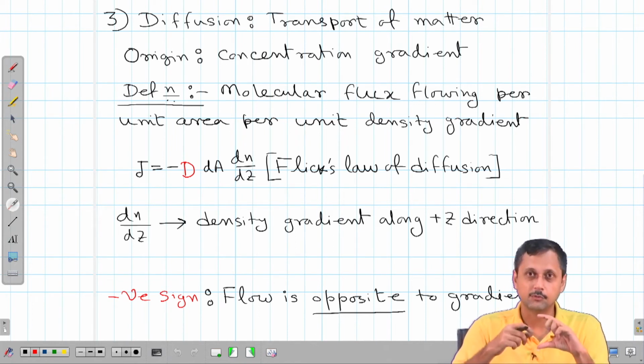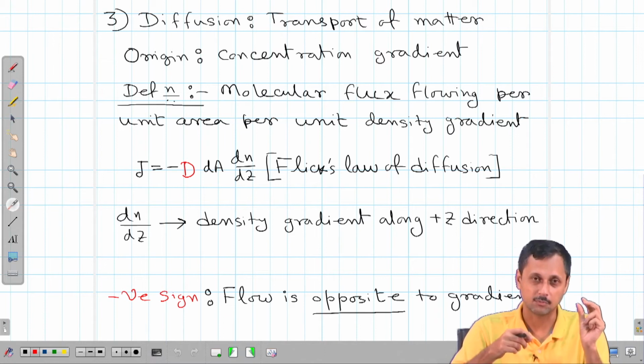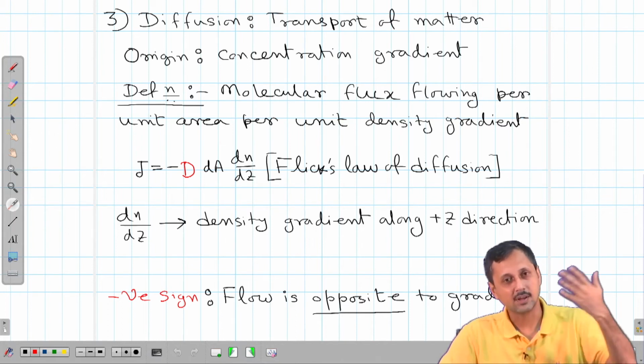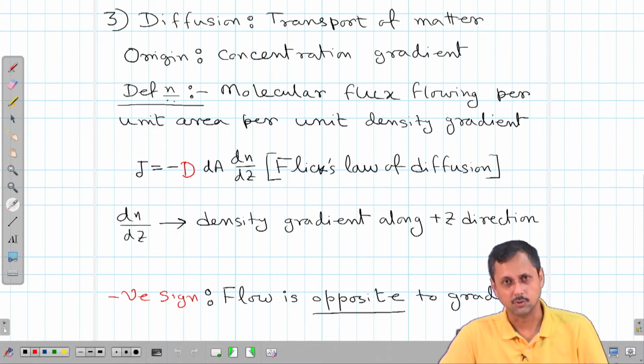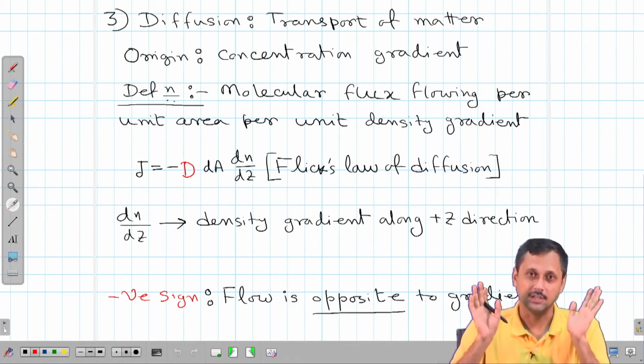When I open the perfume bottle, at this point close to the mouth of the bottle, the concentration of those gas particles, the fragrance particles, is very high, whereas outside that it is almost 0, right. So, now what happens? It starts propagating in an attempt to equilibrate the situation.